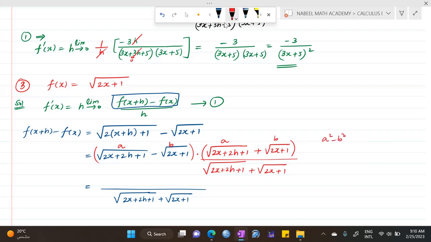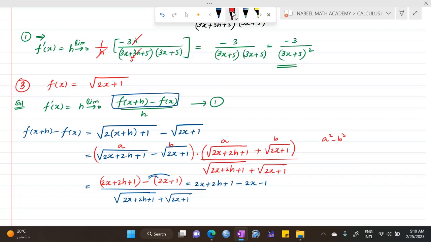When you take a square, the square and root get cancelled, you will get the first part as 2x plus 2h plus 1, minus, what about this next? 2x plus 1. If you simplify this one, what will you get? 2x plus 2h plus 1 minus, I have to multiply inside, you will get 2x minus 1. So it gets cancelled.